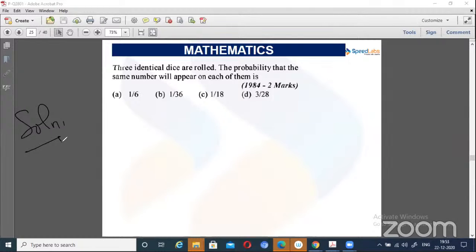Three identical dice are rolled. The probability that the same number will appear on each of them is. This question I have done in the class, right? Those who attended the class. Nishchay's answer is B, which is incorrect. B is not the answer, I'm afraid.